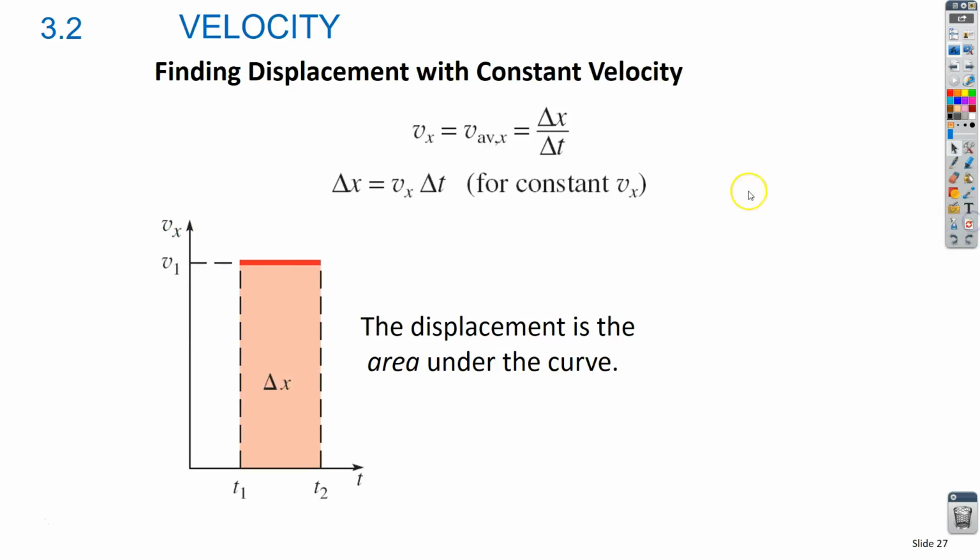For the next part, this is finding displacement with constant velocity. If you're traveling with a constant velocity, I can find the distance that I've traveled, or my displacement, by just looking at the area under this curve.